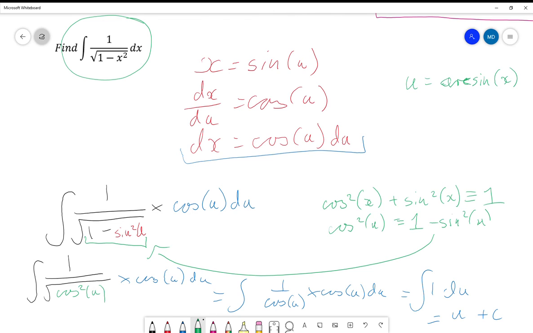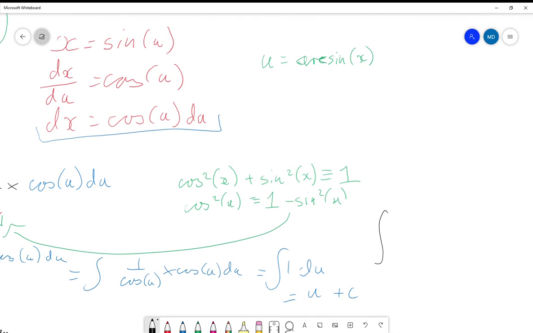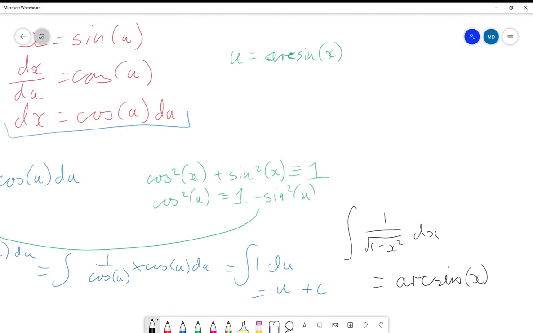And so u is equal to arc sine of x, plus c. And so this is a classic formula, one that's been known for quite a while: the integral of 1 over the square root of 1 minus x squared dx is equal to arc sine of x plus c.